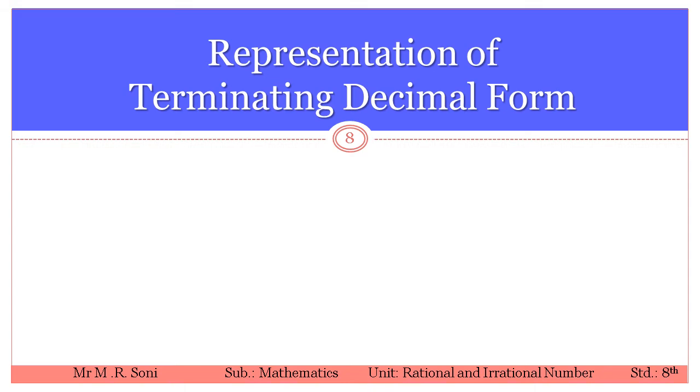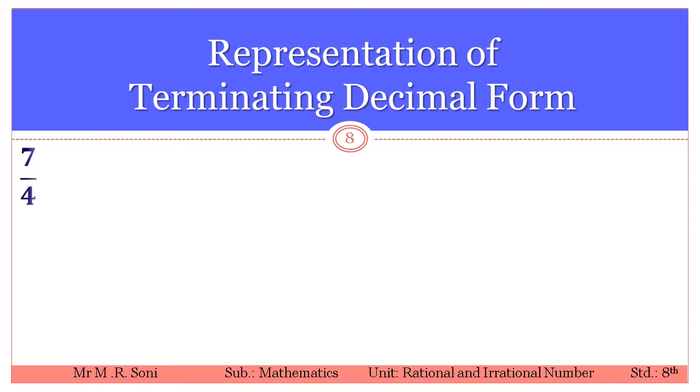The examples given below are terminating and non-recurring, which means no digit reappears in the answer as a recurring digit. That is why they are called non-recurring. But we can express them in recurring form. Observe the example.